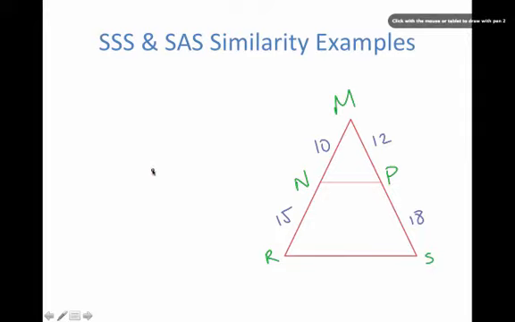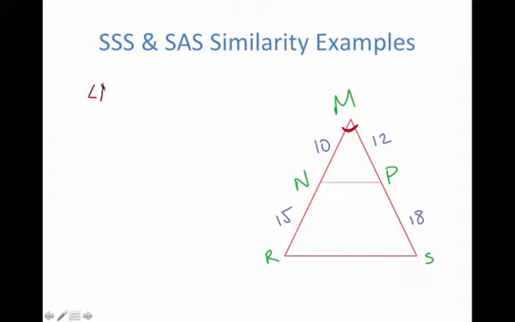Here's another kind of problem that you see a lot. You have a triangle with a segment going through it, and it's asking you, are these two triangles similar? If we look at this triangle right here, MNP, we know two of its sides, and if we look at this big triangle right here, we also know two of its sides, and we also know that these two triangles share this angle.